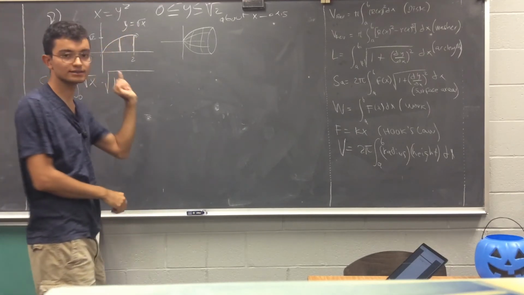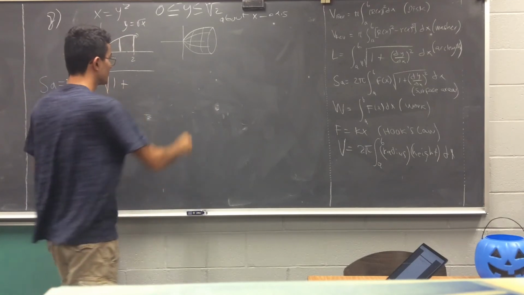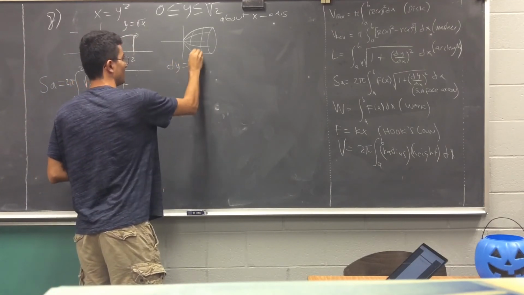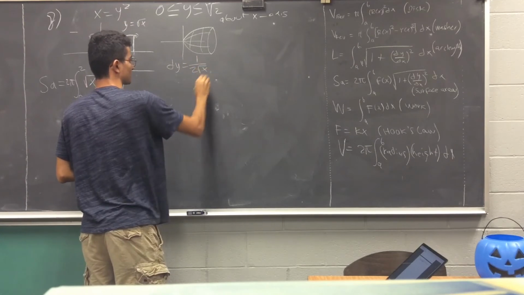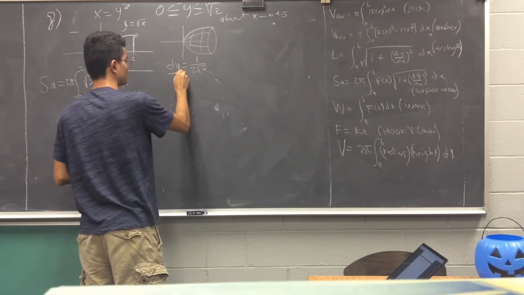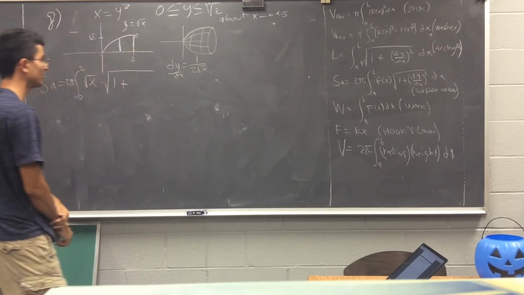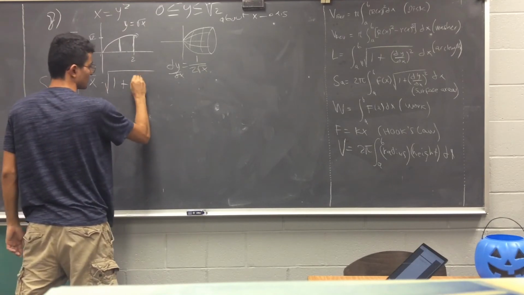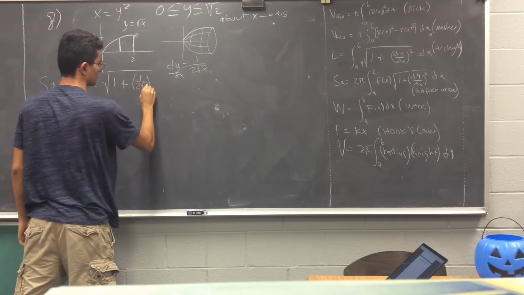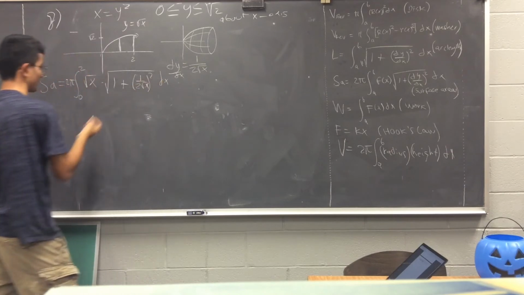Now, if we have y equal to the square root of x, dy over dx should be 1 over 2 square root of x. So we could put it in, so 1 over 2 radical x squared, dx. Now let's see what we get.